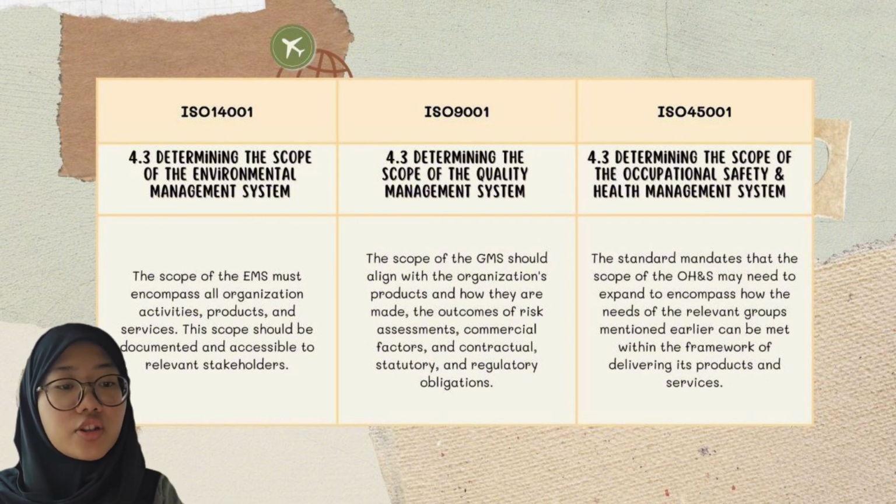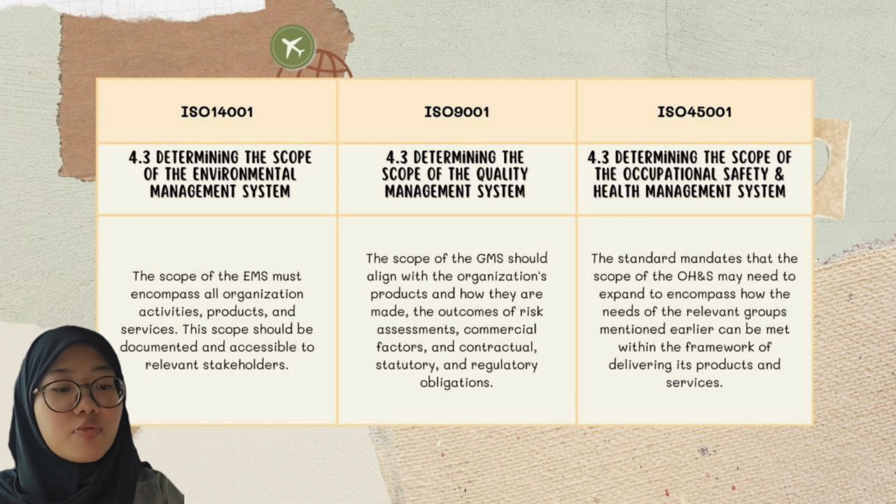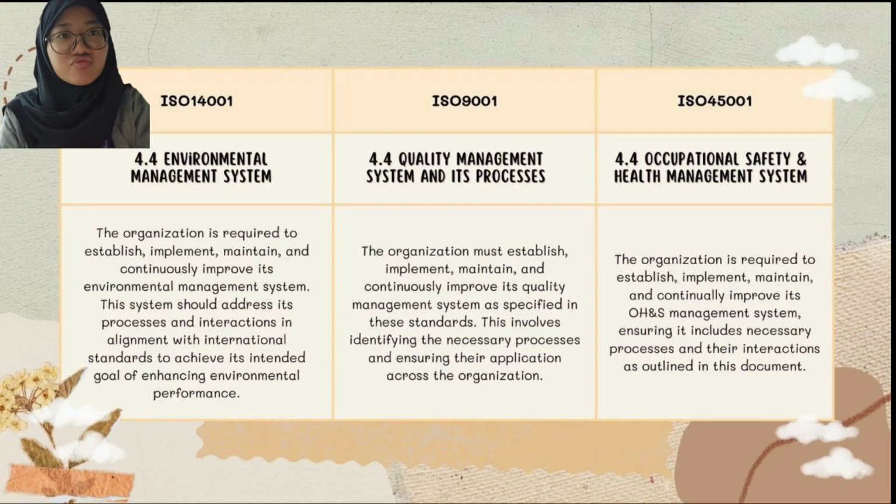And for 45001, to determine the scope of occupational safety and health management system, the standard mandates that the scope of OHS may need to expand to encompass how the needs of the relevant groups mentioned earlier can be met within the framework or delivery of product and services.